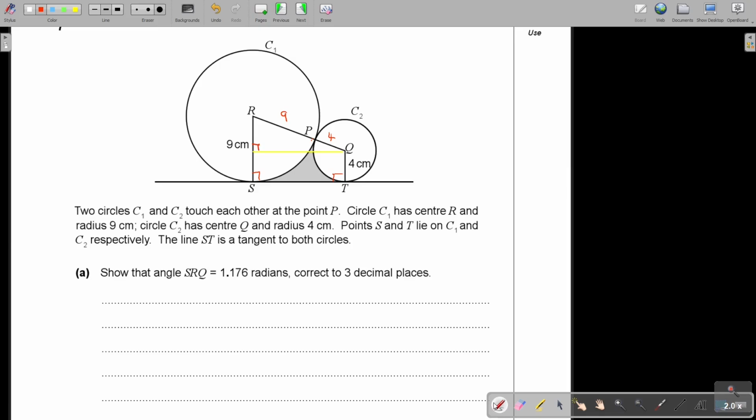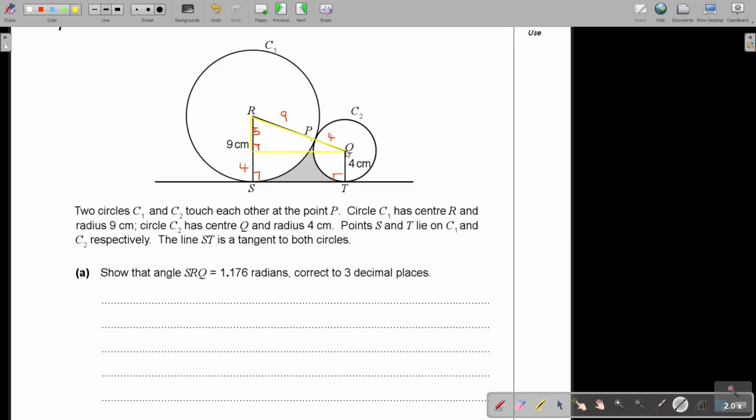If this was 4, then this will be 4, and that part there will be 5. So I'm sitting now with my 90-degree triangle, if you can see it there. There's my 90-degree triangle.